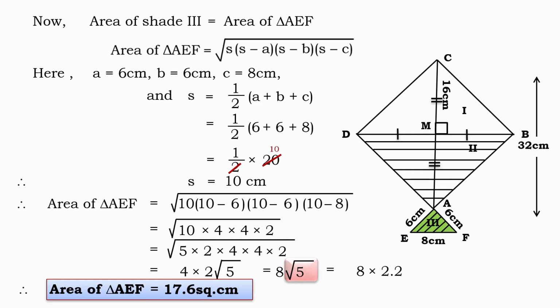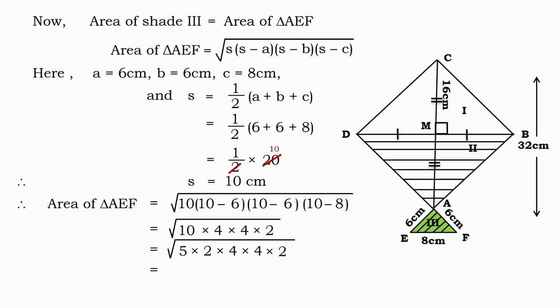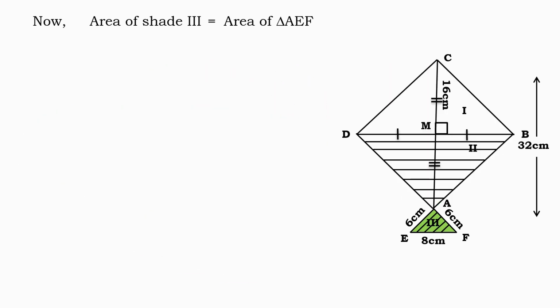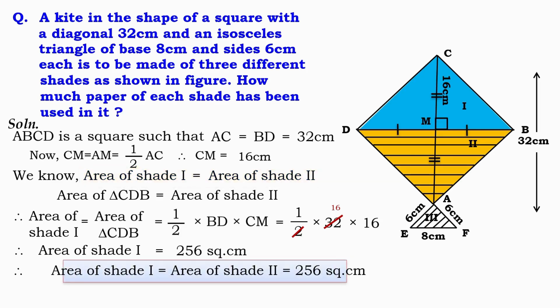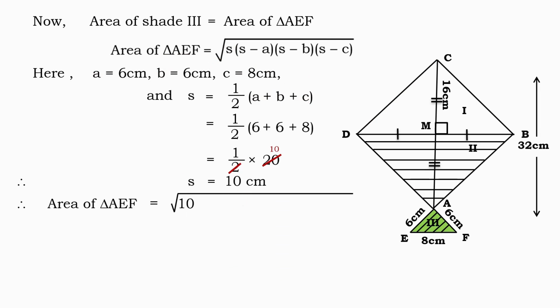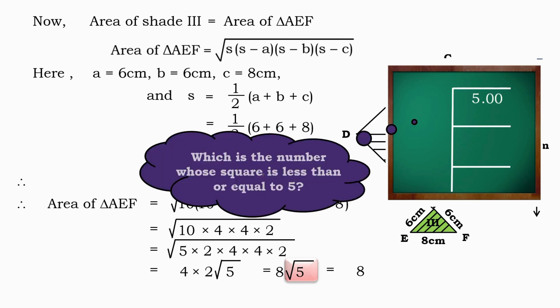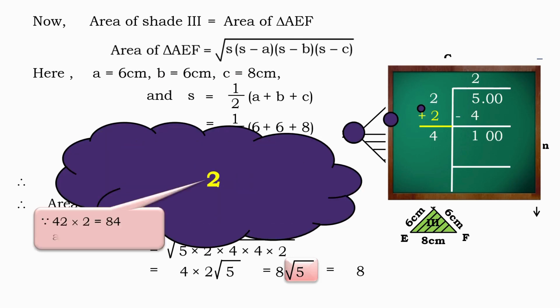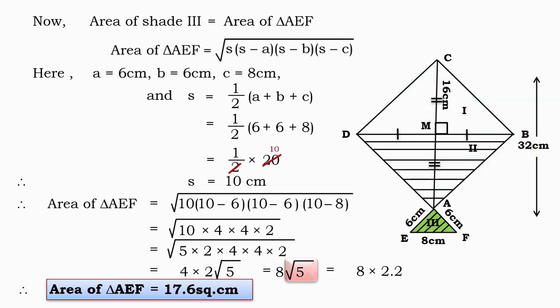If you go back, earlier we got the blue and yellow part as 256 square centimeter, and now we got the green part of the triangle as 17.6 square centimeter, right? So this is the final answer.